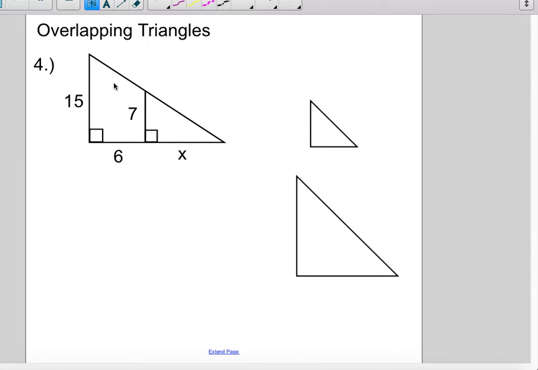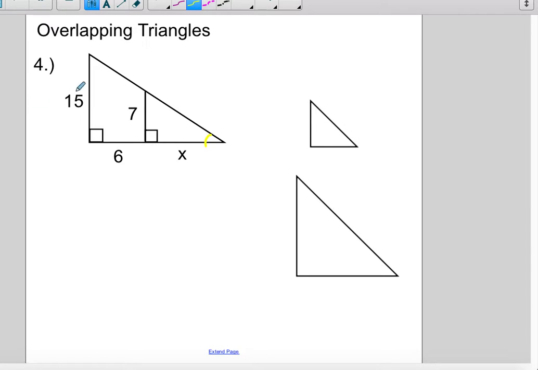Inside this large triangle, I have a smaller triangle here. And that triangle would be similar to the larger triangle because they're both drawn in at a 90-degree angle, and they're sharing this angle in the corner here.